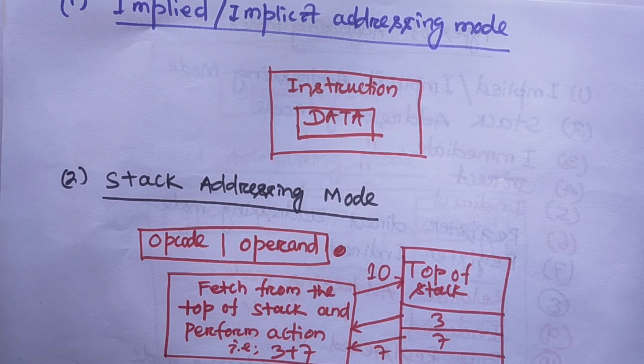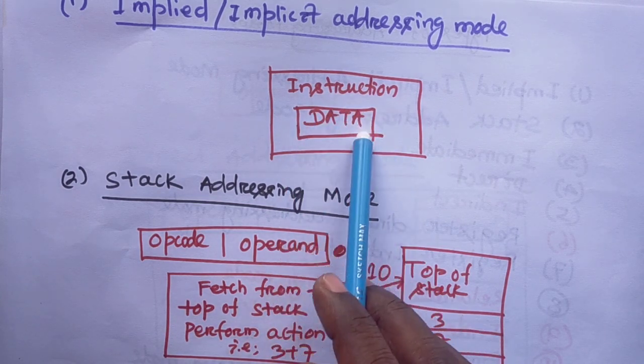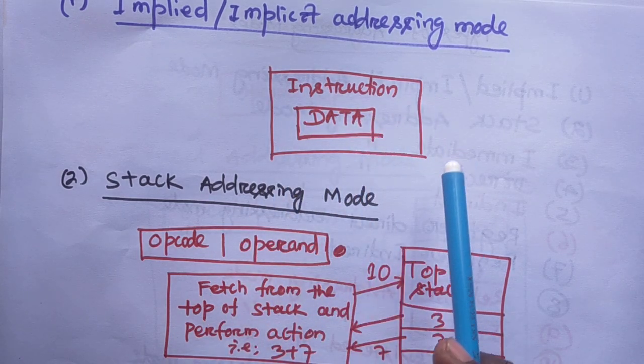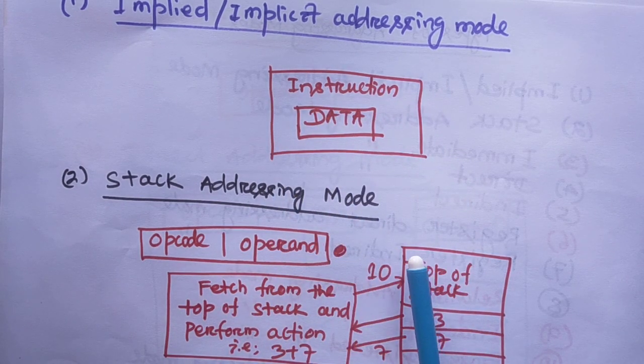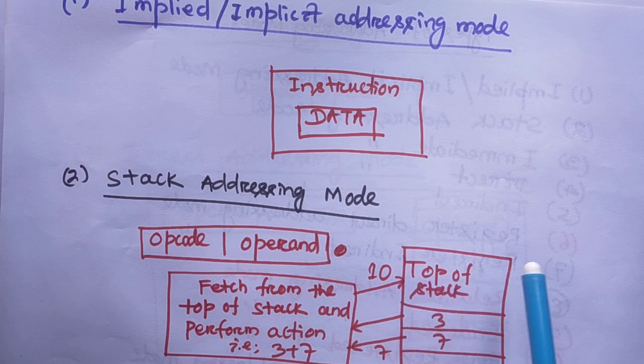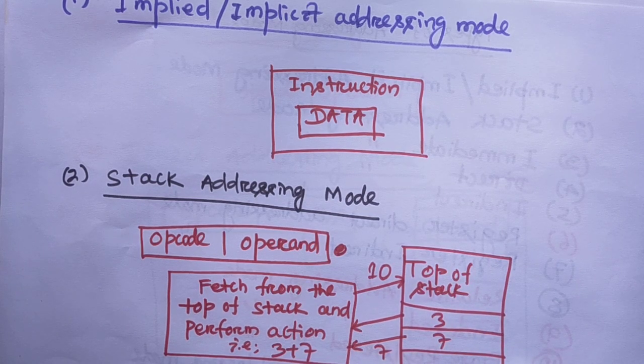One example: here is an instruction, and it uses some certain data. How is the data used in the implied or implicit address mode? The data itself is used, with no need to identify a certain address.